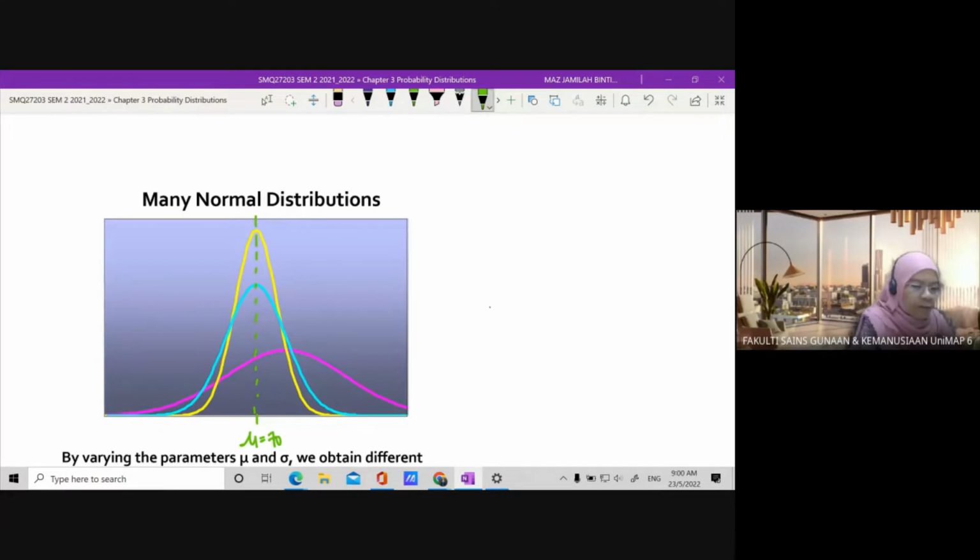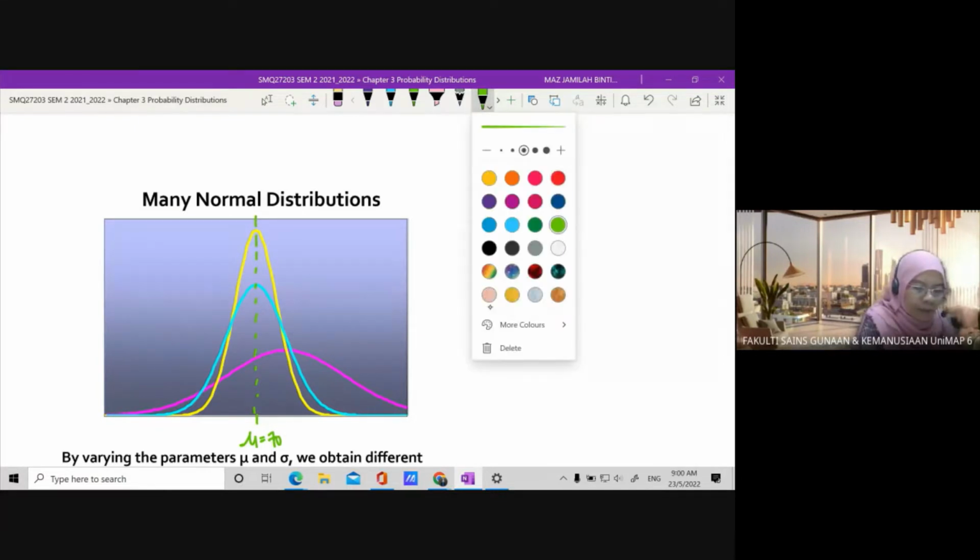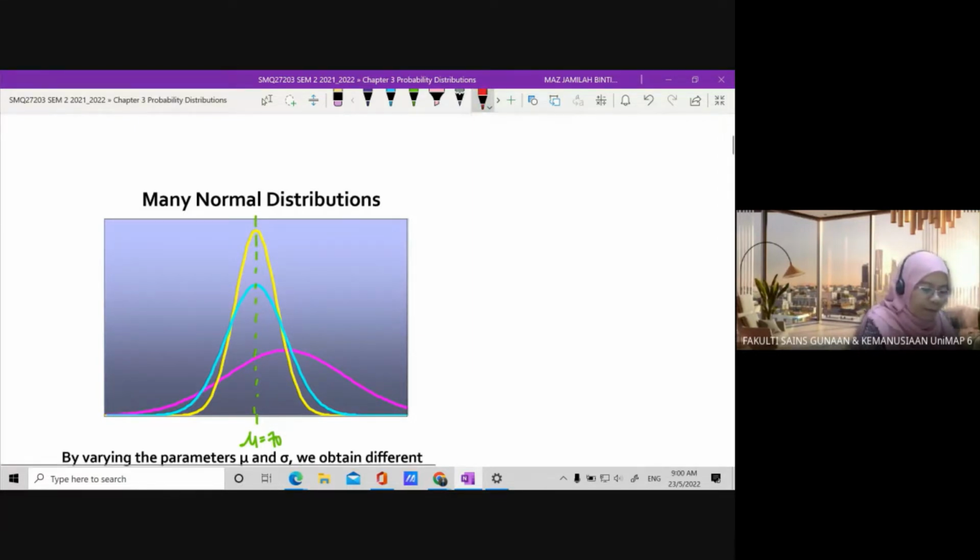For the spread of each of the random variables, it will be different. So the spread for the yellow distribution, let's say this is sigma 1, this is sigma 2, and let's say the green one, mu is equal to 80. So in this case, this is sigma 3.